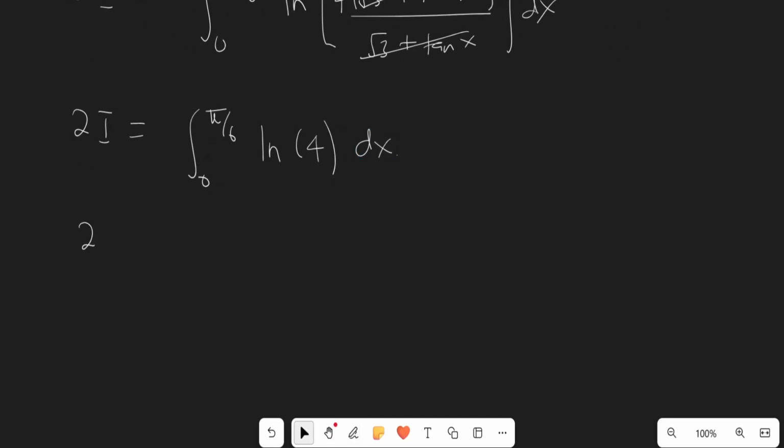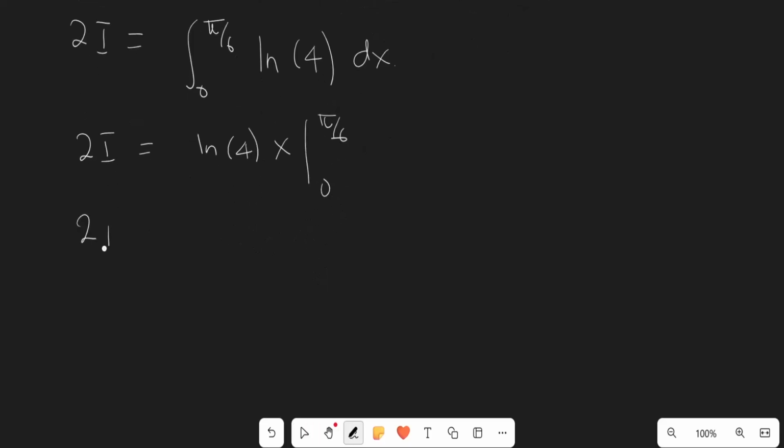So the logarithm of 4 is a constant. This is not trivial. So we are integrating that with respect to x. So that becomes the natural logarithm of 4 times x from 0 to pi over 6. We can just plug in our limits now. Natural logarithm of 4 times pi over 6 minus 0, which is pi over 6 times the natural logarithm of 4.